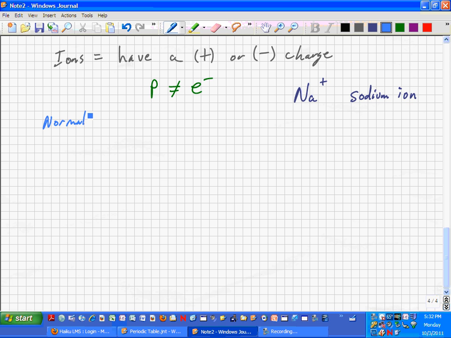Normally, sodium has 11 protons and 11 electrons. In order to get a positive 1 charge, what would happen is it would lose an electron.